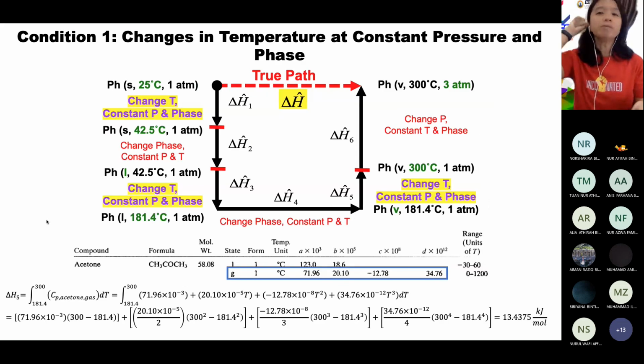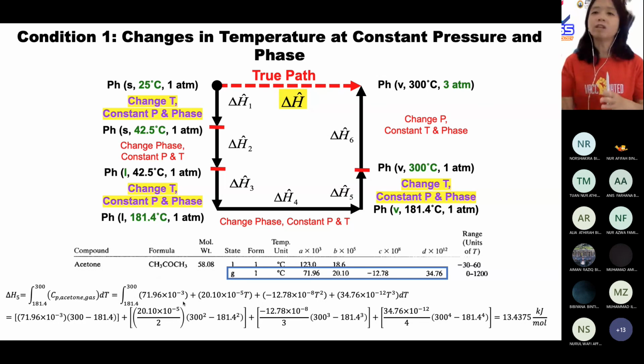Okay, next. So example macam saya tunjuk dalam contoh ni, katakan aceton, I want to cool down from 181.4 kepada 300, so I do the calculation, make sure you check correctly, katakan macam aceton ni, CP dia boleh liquid, CP dia boleh gas.